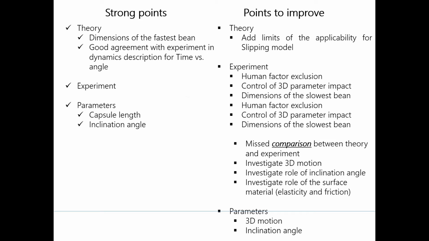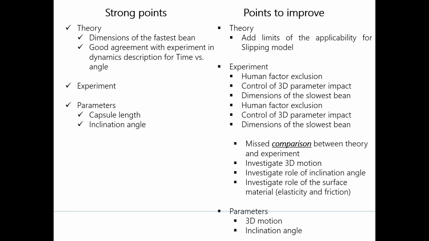So if we talk about the strong points of the report and points which can be improved: the reporter tried to find the dimensions of the fastest spin in theory, but unfortunately it wasn't clearly checked against experiment. We had a really good agreement for plots of how the time needed for the bean to go down changes with inclination angle.